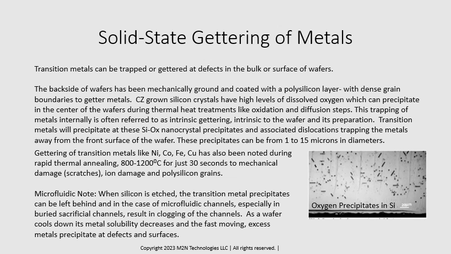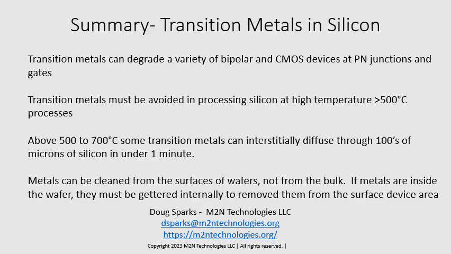And from a microfluidic note, these oxygen precipitates that form in CZ wafers can sometimes survive a plasma or wet etch, and then you have these little 10 to 15 micron precipitates rattling around in your fluidic channels and clogging things up. So if you're working in microfluidics, it's another failure mode, is transition metal related precipitates.